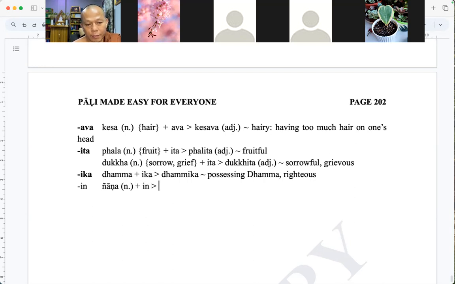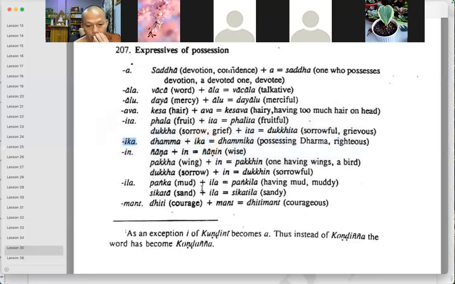And with the a, it becomes jnane, now an adjective.